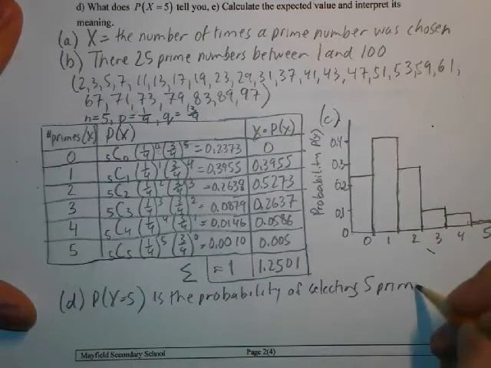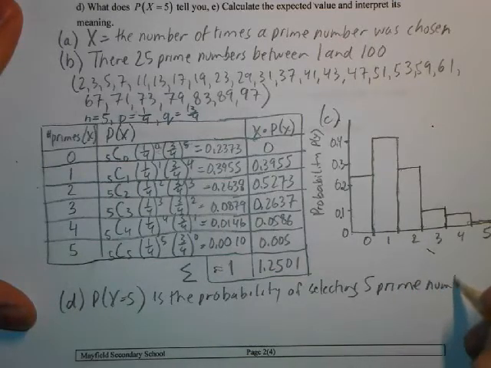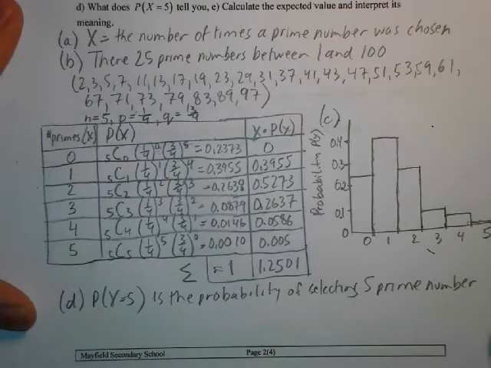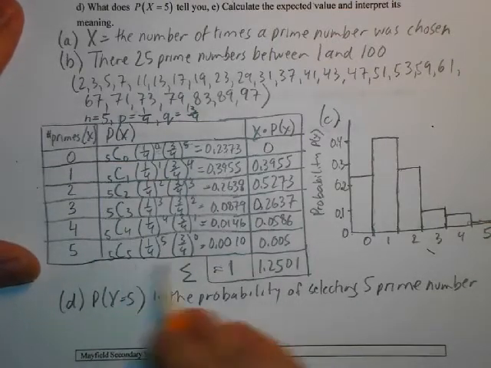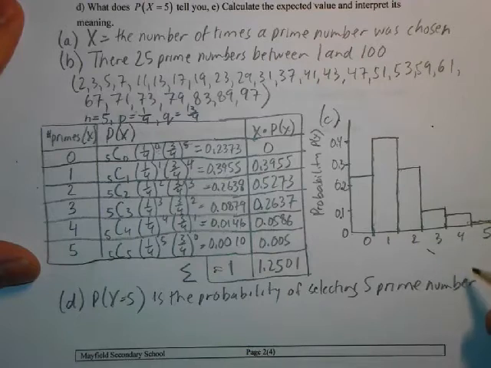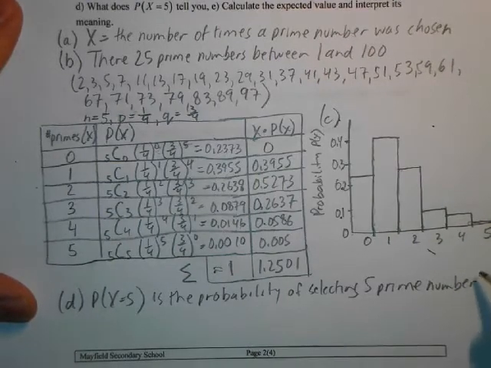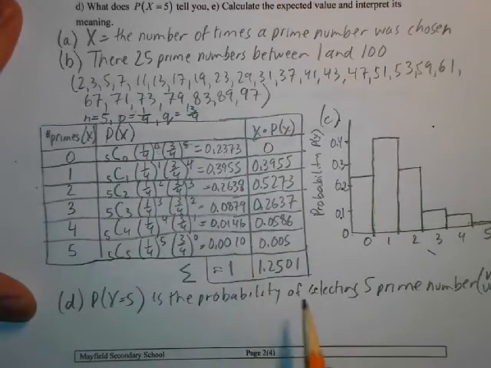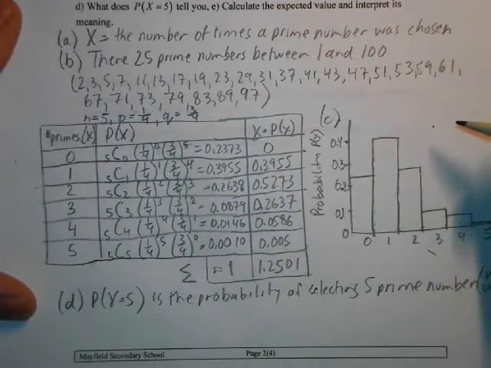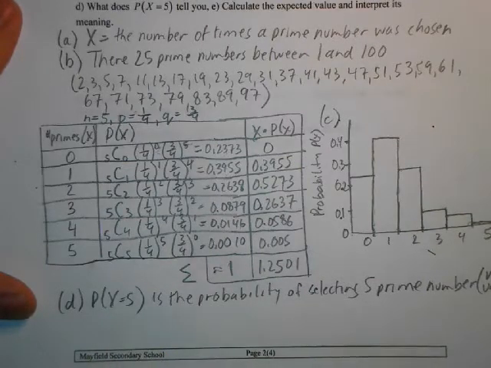I think what we might be asked here is to look at the data and interpret it. Basically, it's very unlikely, like it was less than 1%, 0.1%. You could imagine that if there's only 25 prime numbers and you selected 5 of those 100 numbers randomly, the chance that you're going to get all 5 of them to be prime is very low.